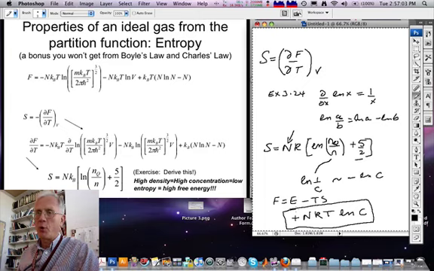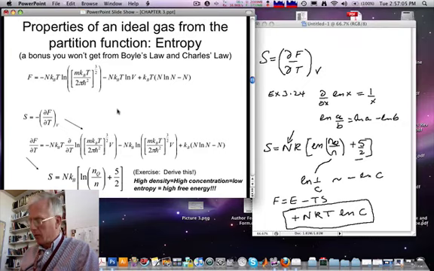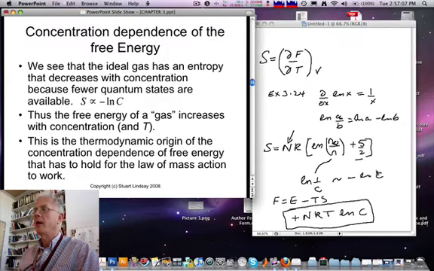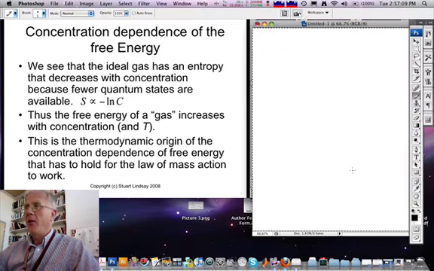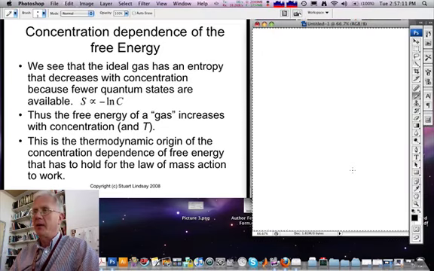And this has an important consequence for chemical reactions. We just summarize the statement here that the free energy is increased by a term log C, the entropy decreased by a term minus log C.